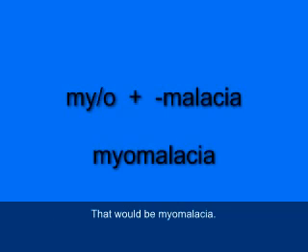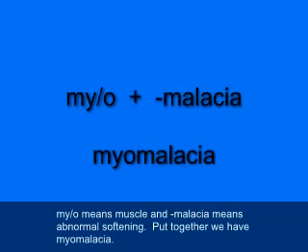What is the term for the softening of a muscle? That would be myomalacia. Myo, my/o, means muscle. Malacia means abnormal softening. Put together, we have myomalacia.